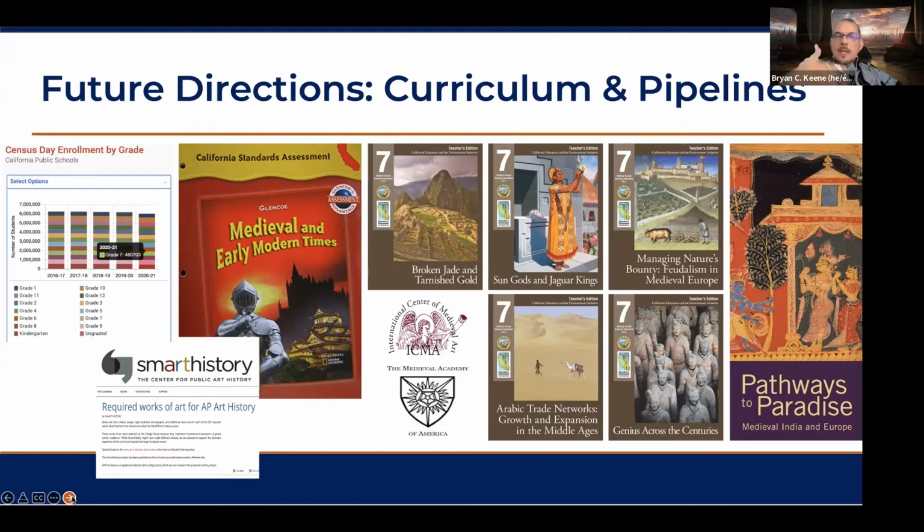Looking at that information alongside state standards for assessment in the history and social studies field, and then looking at the population demographics, noticing that in 4th grade and 7th grade in California and in 38 states across the United States, students learn about the medieval period, again my area of specialization, that within my region, that constitutes over 460,000 4th grade bodies that come from a minimum of 460,000 households or family units or community networks, might we be able to better focus on the kinds of themes that come up in the curriculum, such as models of kingship, themes of identity, trade, travel.